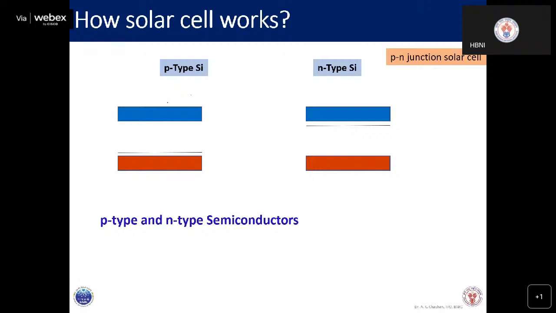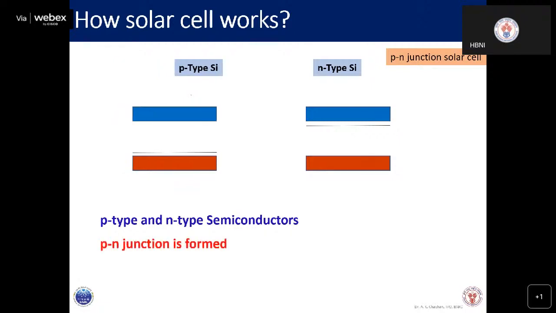So now we have p-type silicon here and n-type silicon here. N-type silicon means there are electrons as majority charge carriers, and p-type silicon has holes as majority charge carriers. So the Fermi level in n-type silicon will be close to the conduction band, and in p-type it will be close to the valence band.